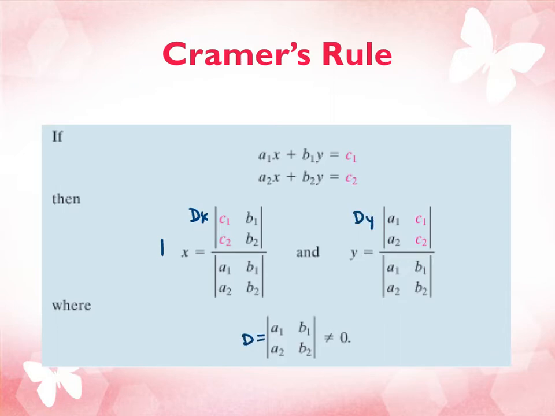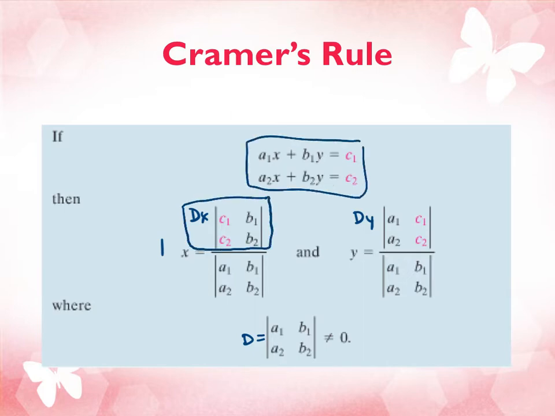Okay? And the way this works is, if I take my original system and put it into matrix form, these will obviously all be numbers, but I want to take them two at a time. So for d sub x, I remove the x column and put in the constants.